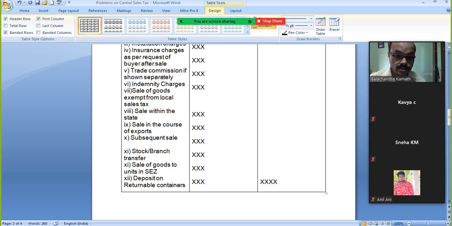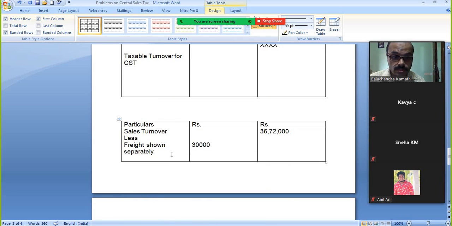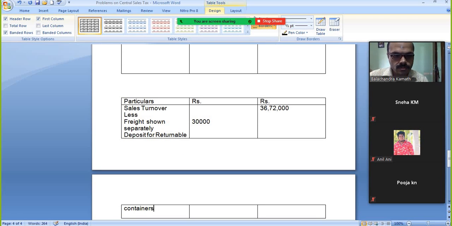Deposit for returnable containers, how much is the amount in this question? The amount is 2,40,000.